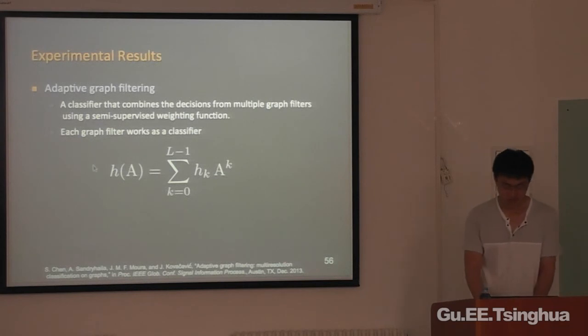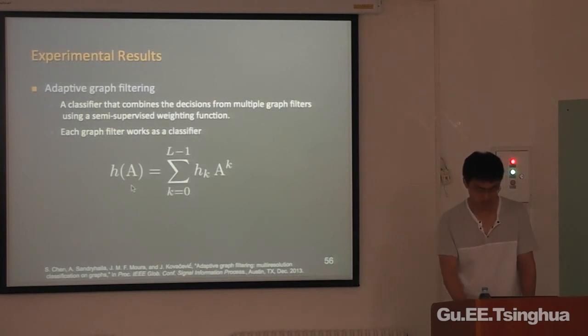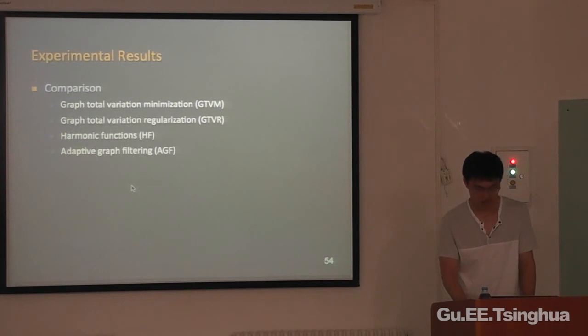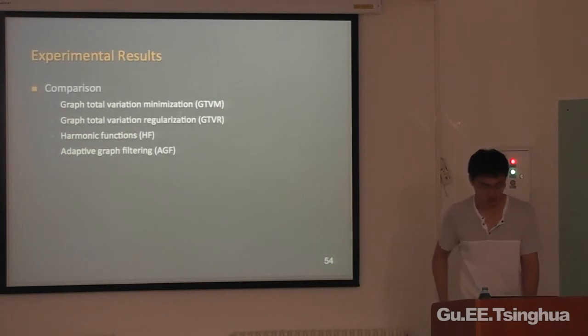Then we operate this on the input signal, get some output, and do the classification. So we compare those four methods: total variation minimization, the regression approach that I introduced previously, and also compare them with the harmonic function and adaptive graph filter.